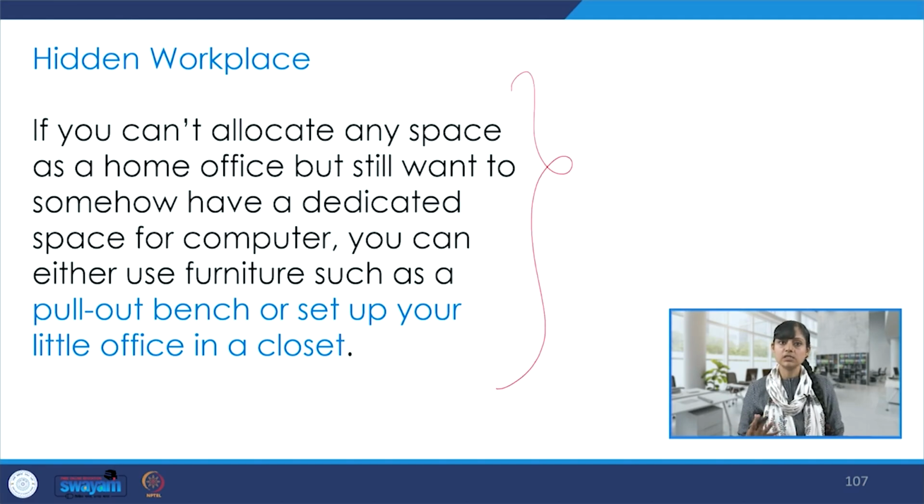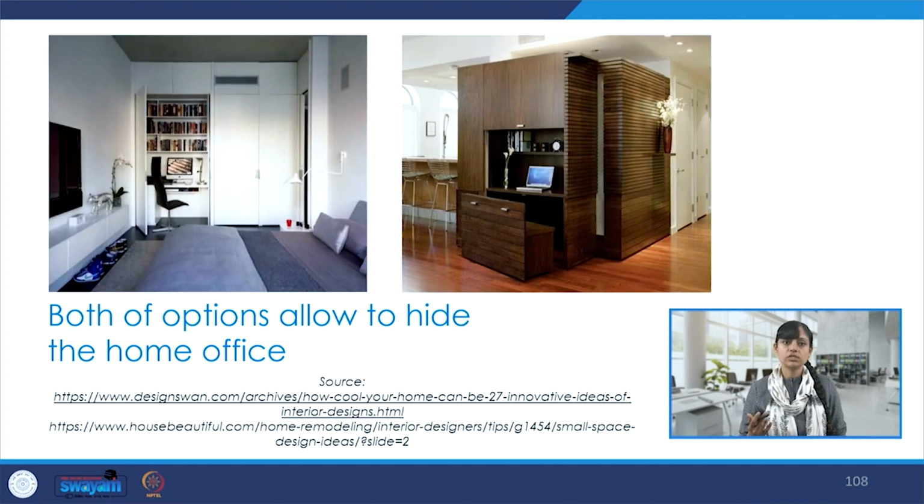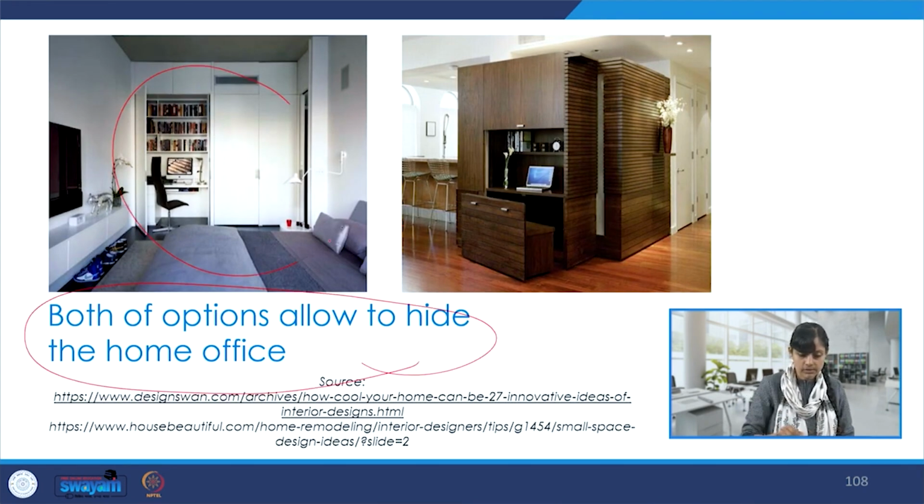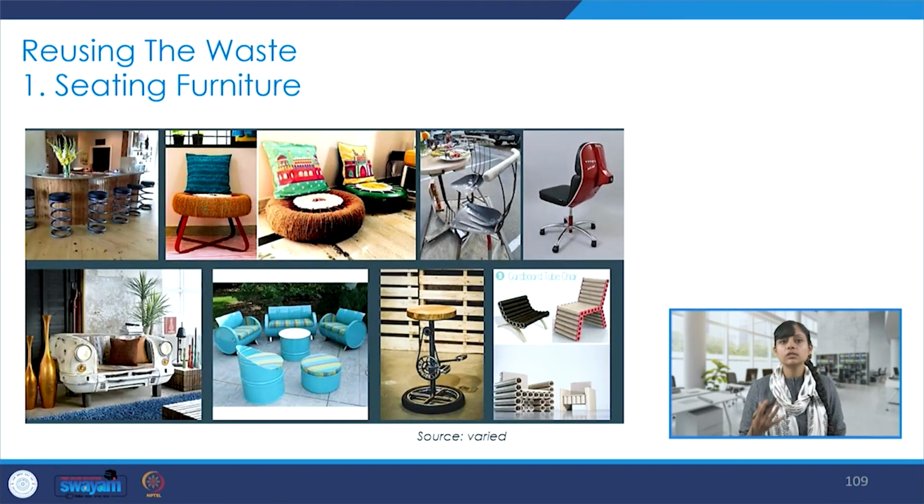So, we are optimizing space, we are saving that cost which would have gone otherwise in creating this extra space. Both options allow us to hide the home office that we see over here. This one inside the closet or over here. Reusing waste seating furniture, such as the examples that we see over here.